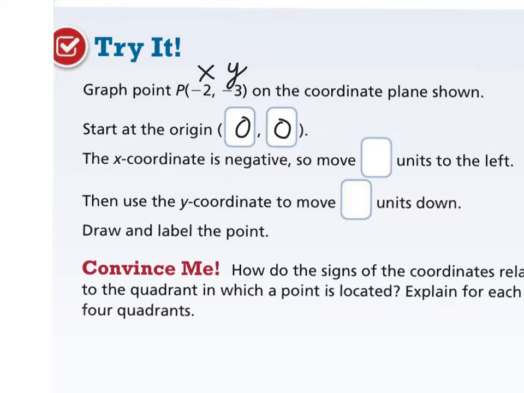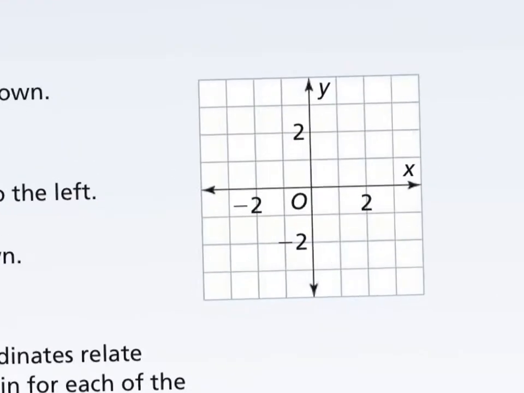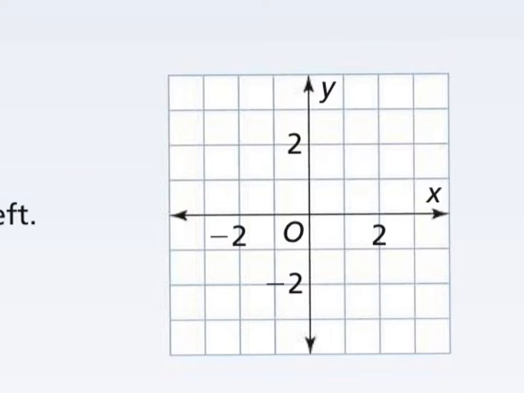The x-coordinate is negative. It's -2, so we're going to move 2 units to the left. Then the y-coordinate is negative, it's -3, so we're going to move 3 units down. Again, the point we are graphing is -2, -3. We start at the origin, go 2 units to the left, and then go down 3 units, and that would be our point.